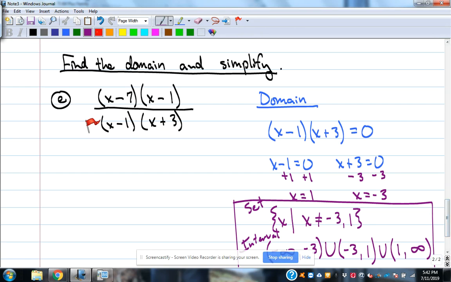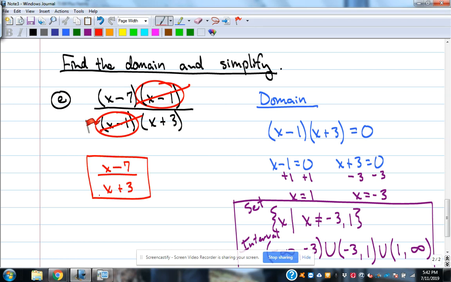Because on this original problem, you got these two factors that match, one on top and one on the bottom. I can cancel them out. X minus 7 doesn't match the x plus 3, so it's left over. This is the simplified version of that original problem.